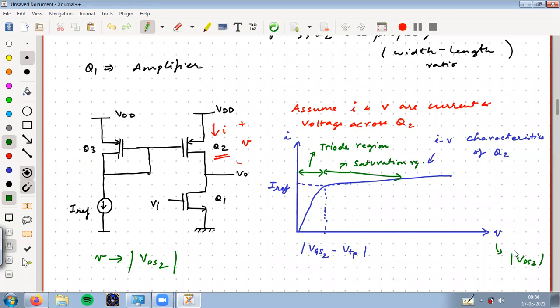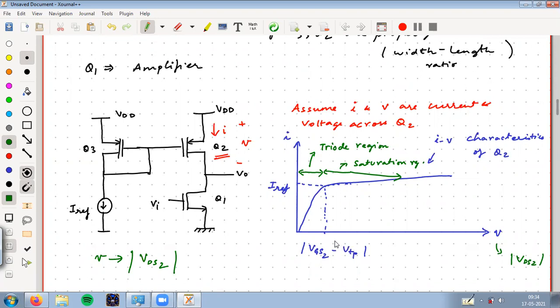So this is an ID versus VDS curve, the drain characteristics of Q2. The maximum value of current you can get is I reference, and it appears only after the minimum condition for Q2 to enter into the saturation region, which is VGS2 minus VTP.